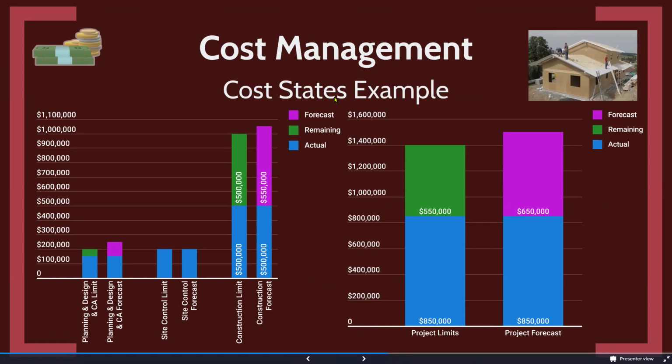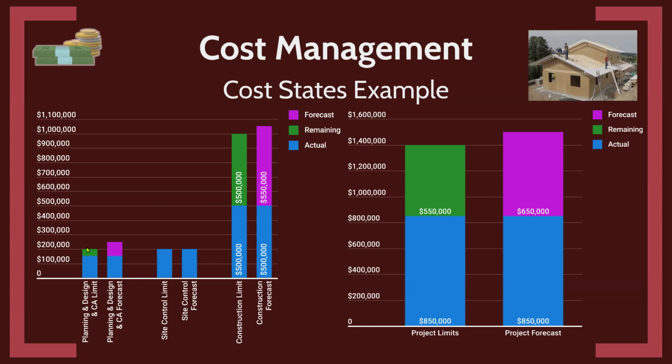Now, the cost states, and then the way that you can model costs and then understand, and again, I'm only talking about costs here. I haven't got the budgets, only talking about costs. So imagine that we have a breakdown like this. I mean, we can consider that, okay, well, we have a limit. We've established a contract limit, maybe with a planning, design, and construction services contract.